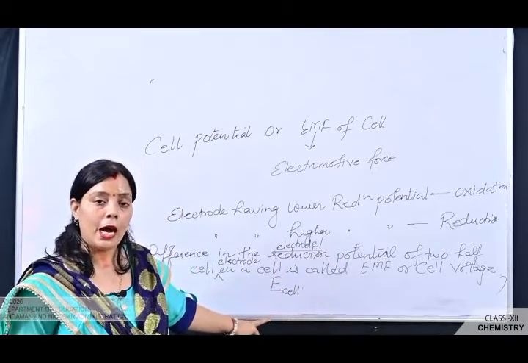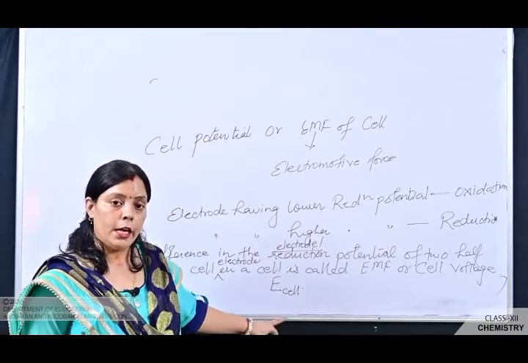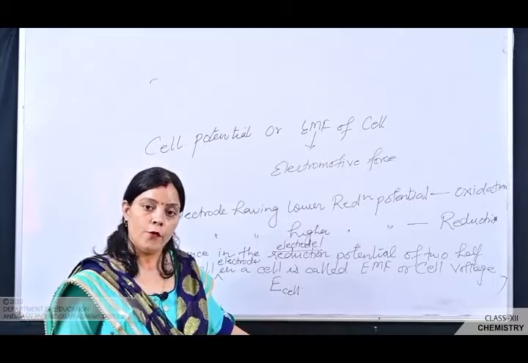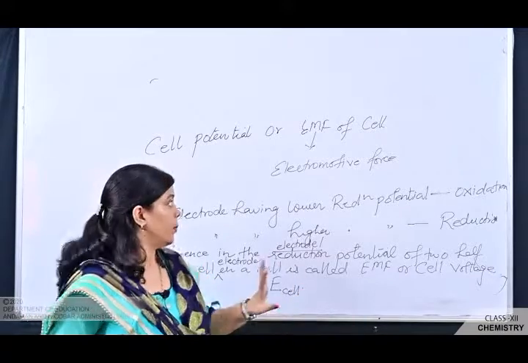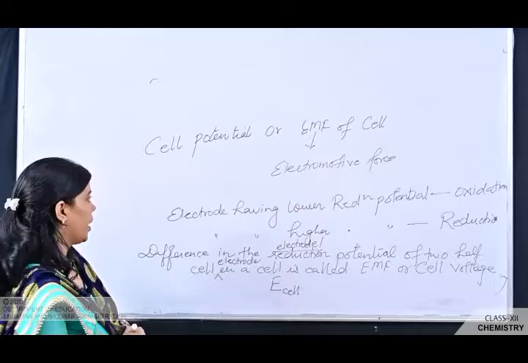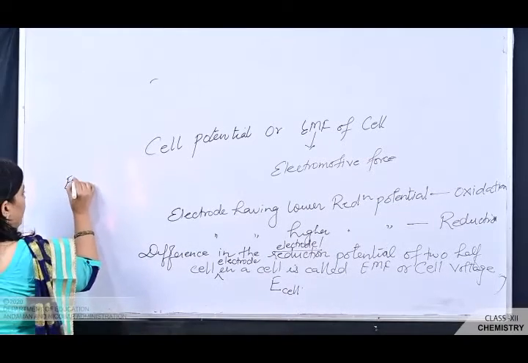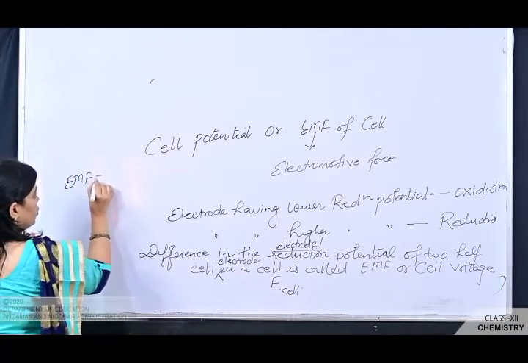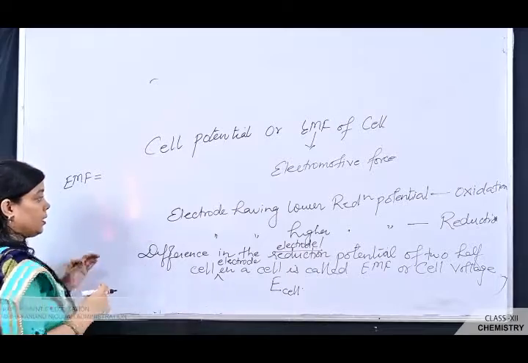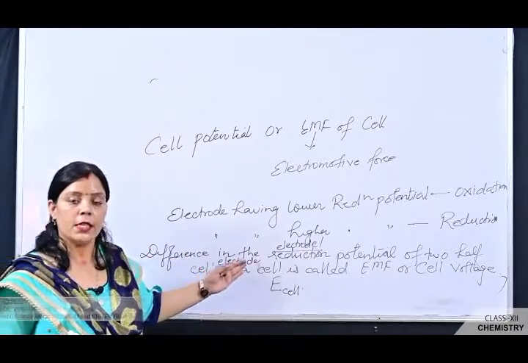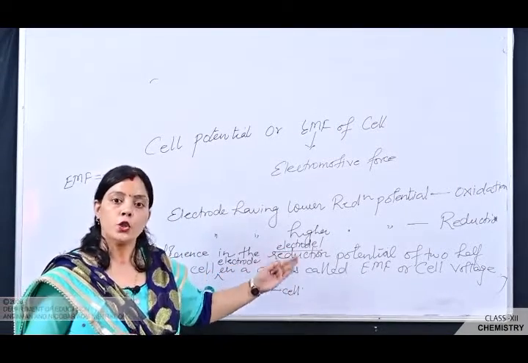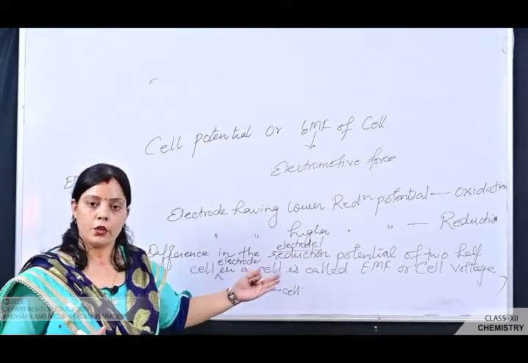Mathematically, how can we express the electromotive force or cell voltage of an electrochemical cell? The electromotive force is the difference in the electrode potential of the two half cells present in the electrochemical cell.